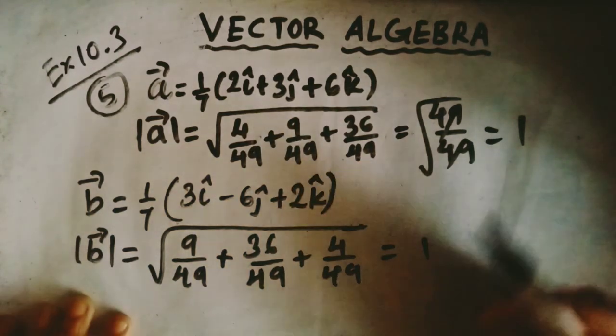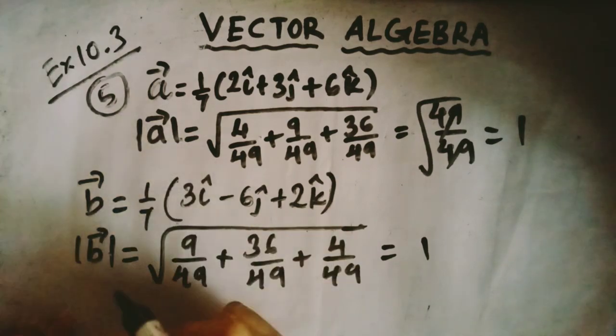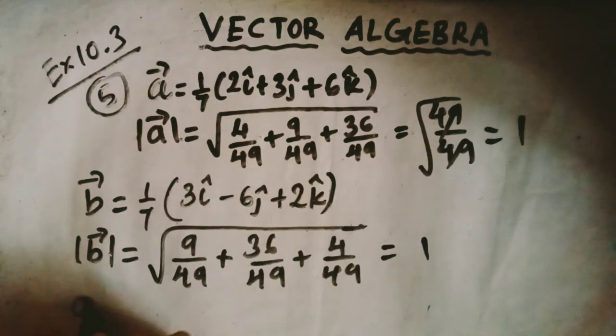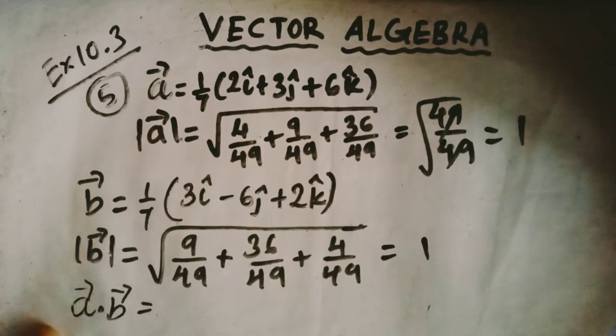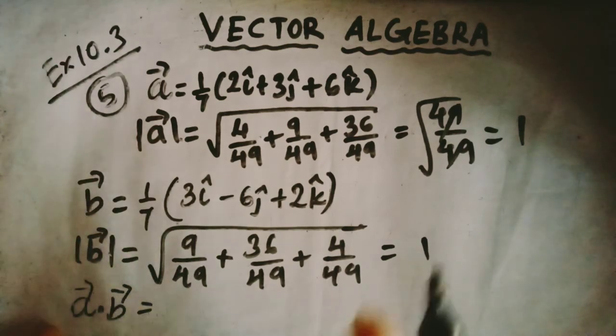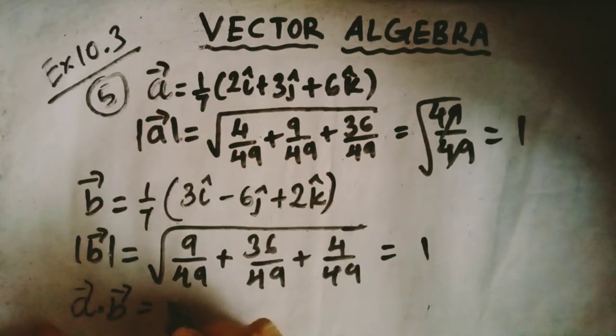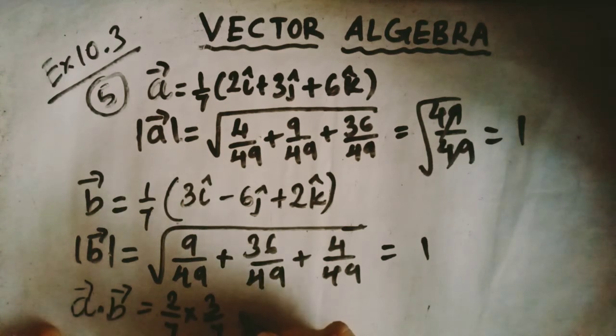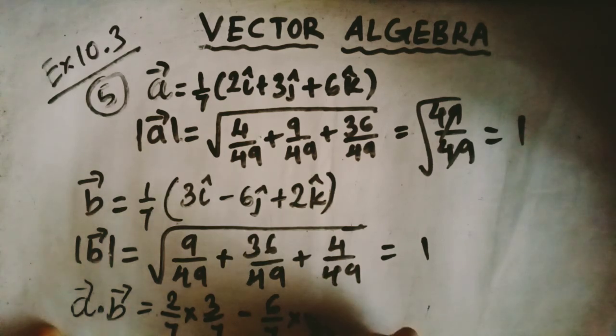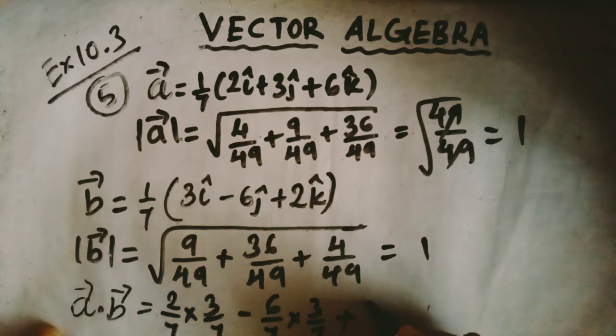Okay, now I have to prove that both the vectors are mutually perpendicular to each other. So find out A dot B. Okay, so this is a scalar product, right? So we'll get a scalar thing. So 2 by 7 into 3 by 7 minus 6 by 7 into 3 by 7 plus 2 by 7 into 6 by 7.